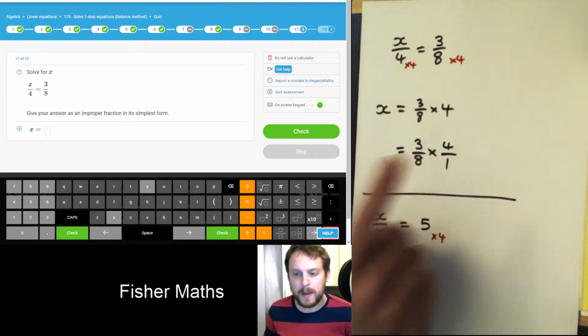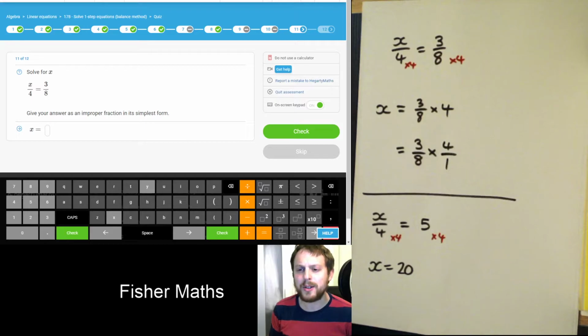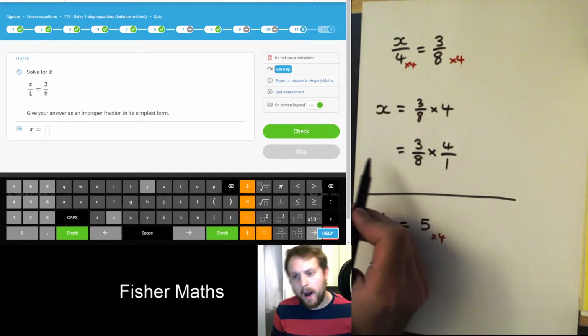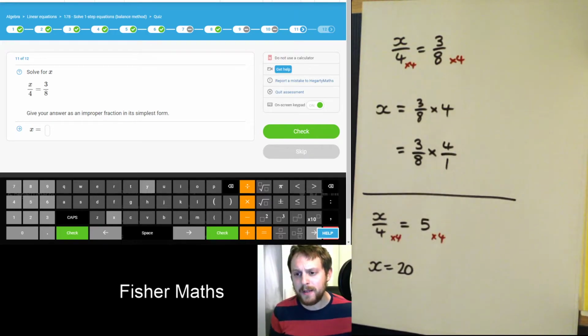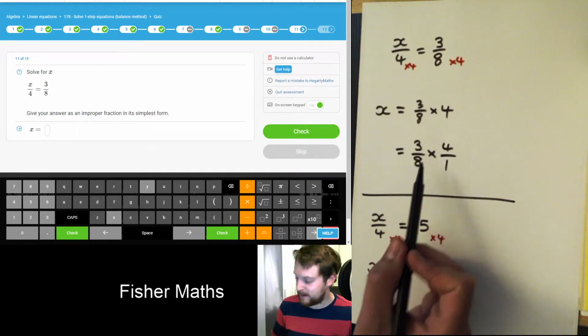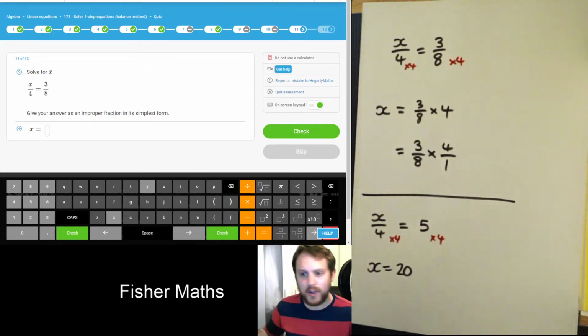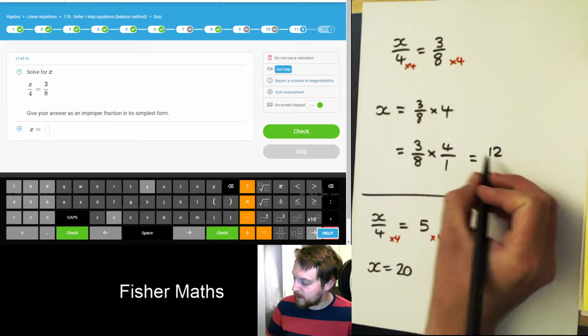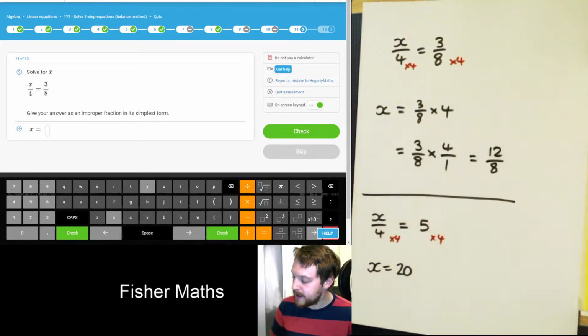Timesing fractions is super simple, as long as you remember that it's super simple. You just times the tops together and you just times the bottoms together. So 3 times 4 is 12, 8 times 1 is 8.